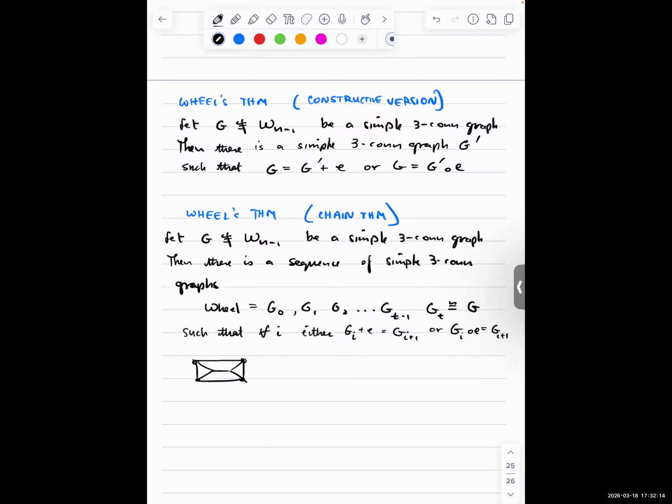So when you're trying to characterize excluded minor classes of graphs, you don't know how big the class is going to be. It could be huge. The fact that so many of them are not is just amazing.